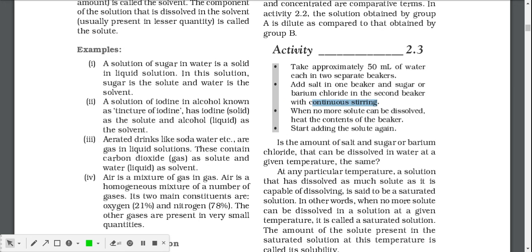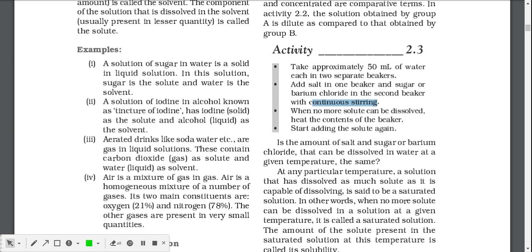When no more solute can be dissolved, heat the contents of the beaker. So when you heat the contents of the beaker, what will happen? The solute that you have added, whether it's salt or sugar, keeps on dissolving, right?